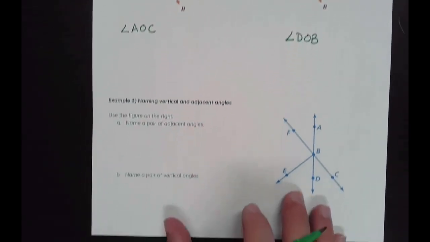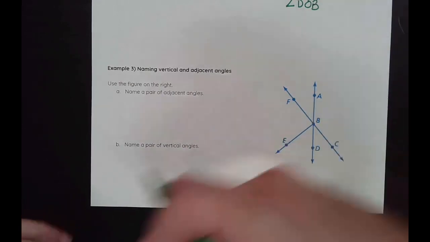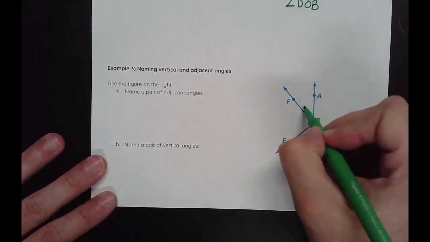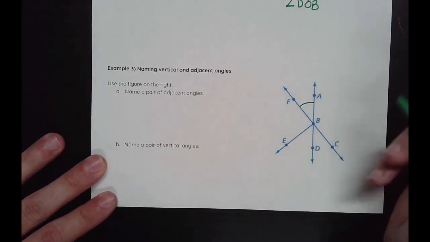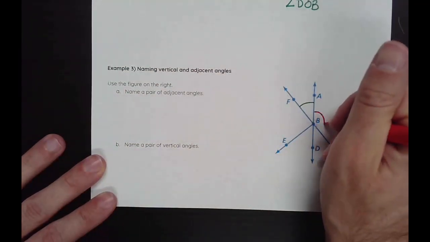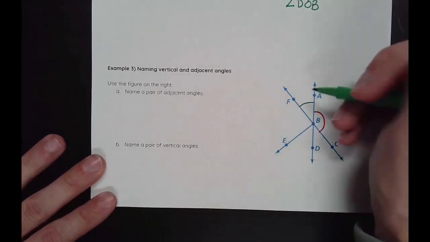All right. Example 3, naming vertical and adjacent angles. So we're going to look at our relationships. Use the figure on the right. Name a pair of adjacent angles. So I have a bunch of options here. There's a bunch of different pairs. They just need to be right next to each other. So I'm going to choose this angle and this angle here. So my first angle, the green, and the side they share is AB.